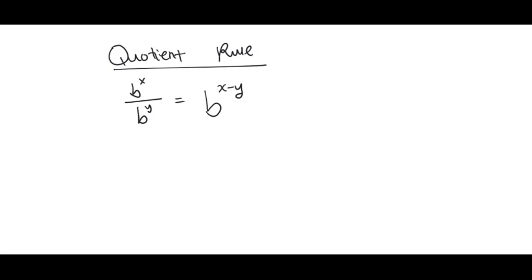So similarly, if I'm dealing with logs, we think about the inverse. If I have the log base b of x minus the log base b of y, that's going to be the log base b of x divided by y. So let's check it out. Apply this rule a little bit.